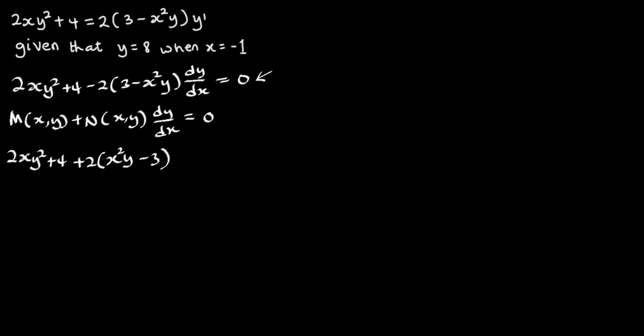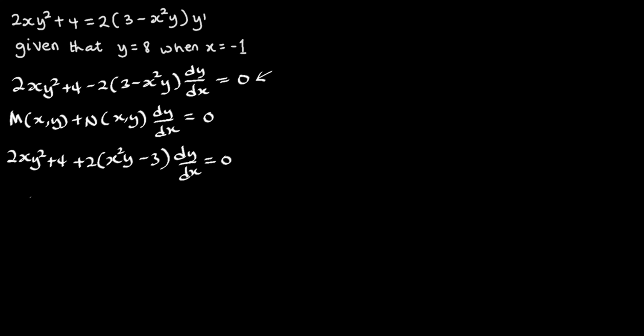Because I changed the minus in front of the 2 to be a plus, the signs for the terms inside are also going to change. Then I'll have my dy/dx here, and this will be equal to 0.